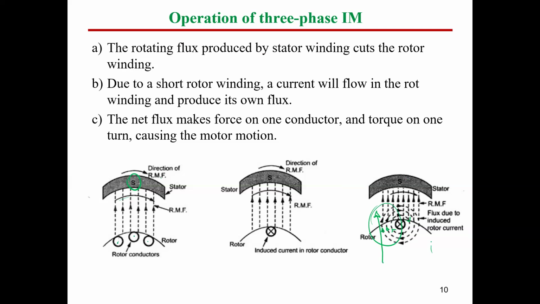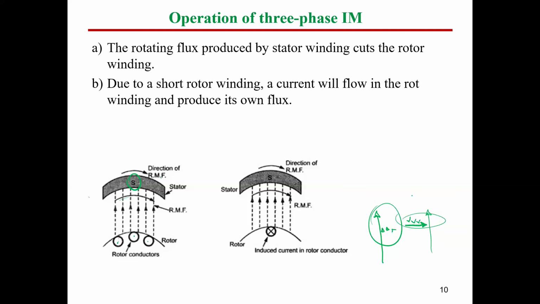Stator flux lines are still moving in the same direction, but here the rotor flux lines are moving in the opposite direction, which is going to reduce the flux in this direction. So you have a lot of flux lines here and few flux lines there, and this will create a force to move this conductor toward this direction.